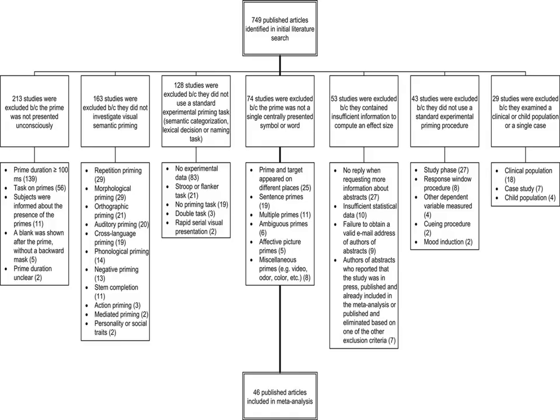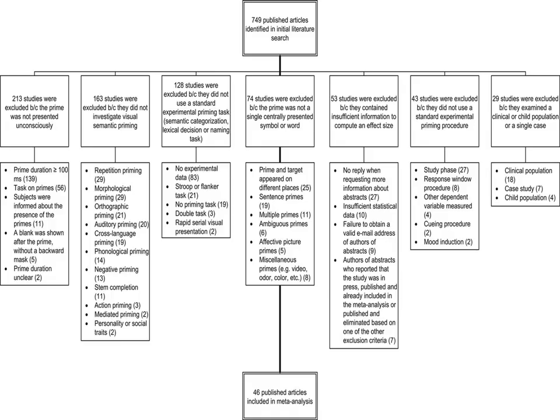For instance, 213 studies were excluded because the prime was not presented unconsciously. And then it is further explained. For instance, the prime duration was more than 100 milliseconds. This was the case for 139 studies, and so on. So we give a rather complete overview of the reasons why we decided to exclude studies.